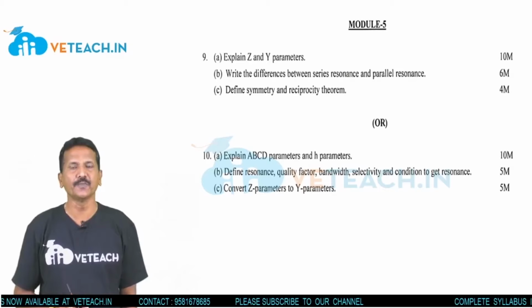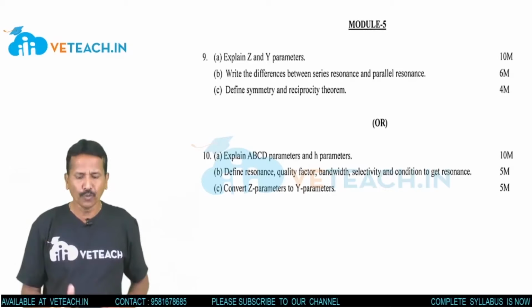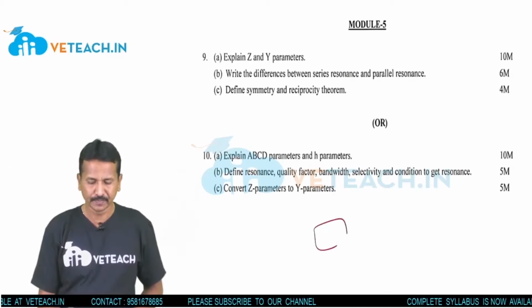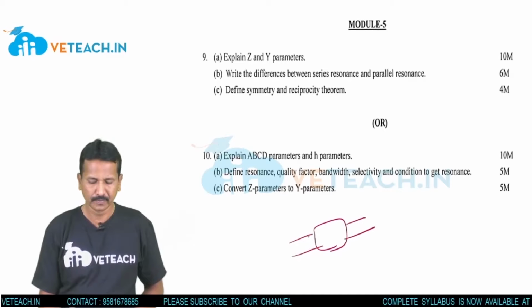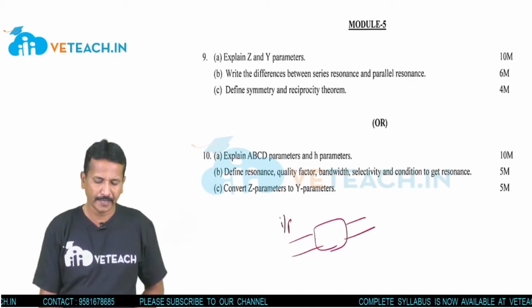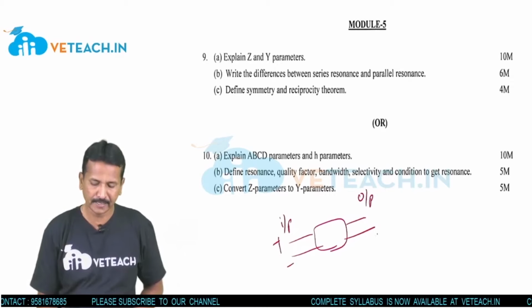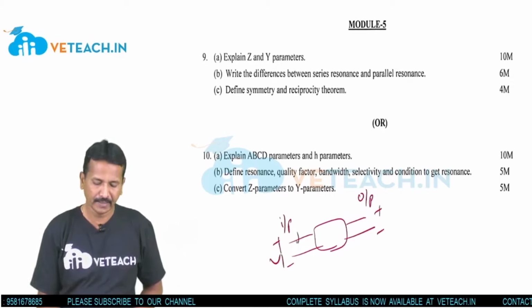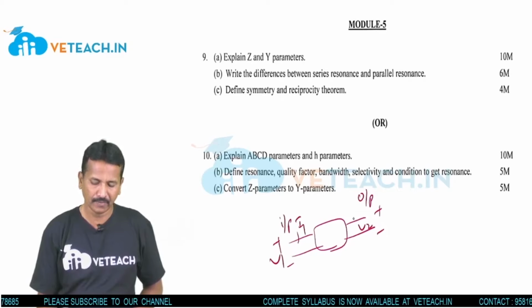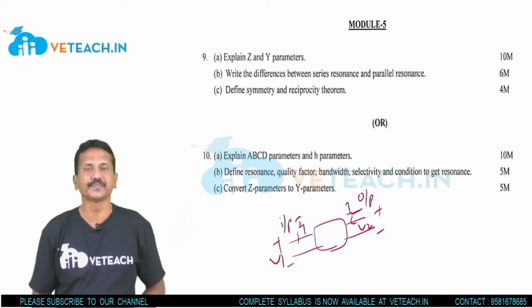Here, see students, a two-port network has an input and output side, with V1, I1, V2, I2.